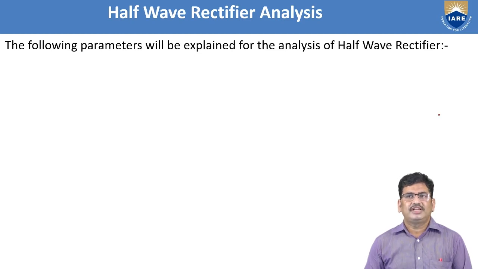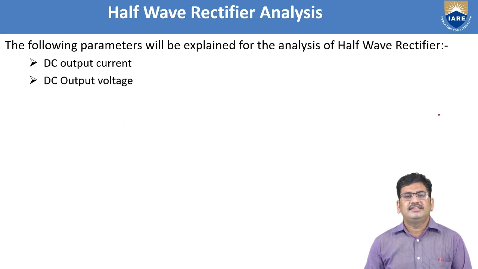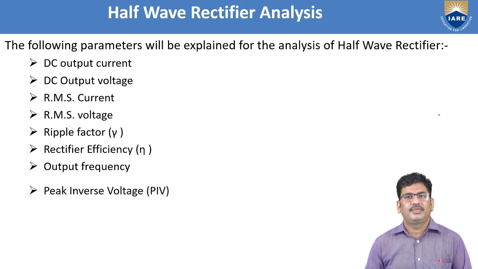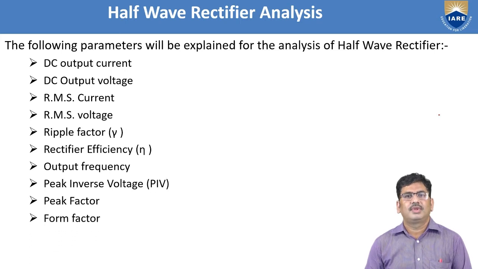The following parameters will be explained for the analysis: DC output current or average output current, DC output voltage, RMS current, root mean square current, RMS voltage, that is root mean square voltage, ripple factor, rectifier efficiency, output frequency, peak inverse voltage, peak factor, form factor, and the transformer utilization factor TUF. So first we will see the factor DC output current.